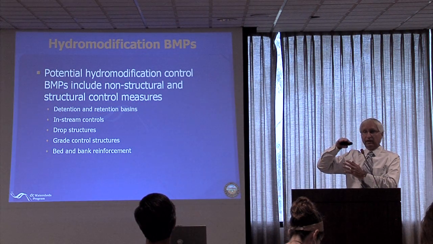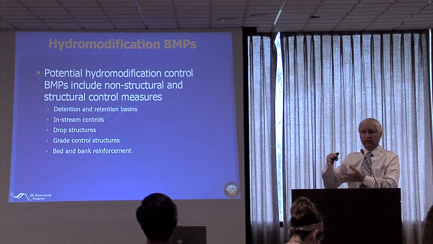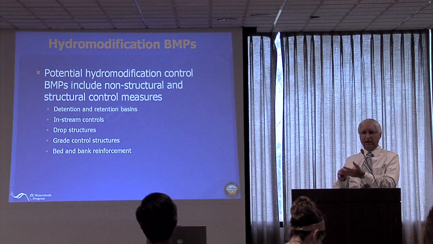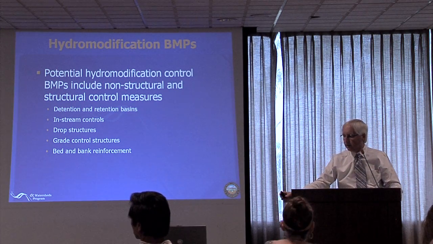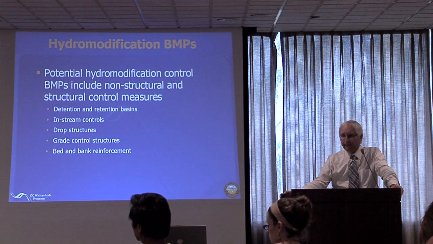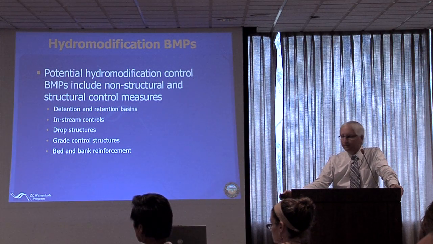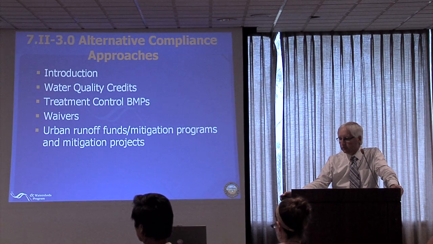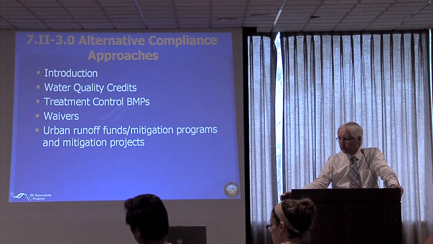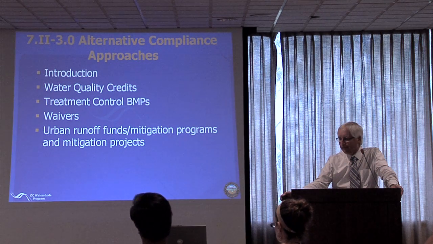Drop structures are ways to go into a natural, unlined stream and create drops where you slow the velocity, and essentially you're trying to get the stream to a stable grade, or prevent it from going into an unstable grade. But let's say that a creek is already down quite a bit. A drop structure would be one technique you could use to get the creek back to a more stable system.